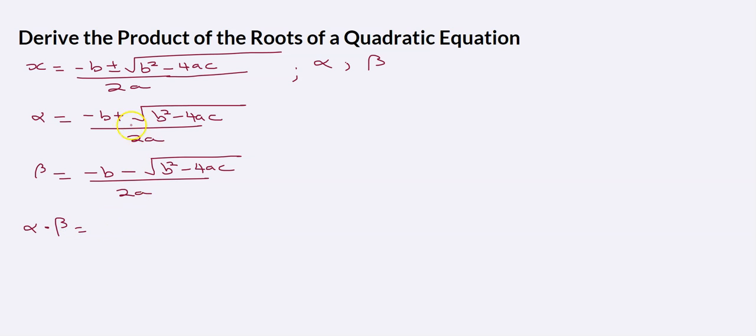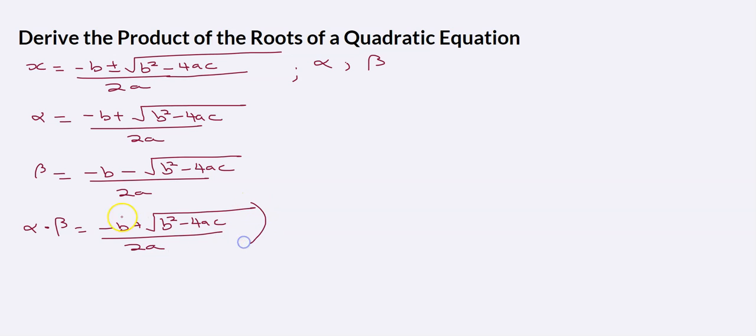So what we're going to do now is multiply this together. So we're going to have, for alpha, negative b plus the square root of b squared minus 4ac over 2a.